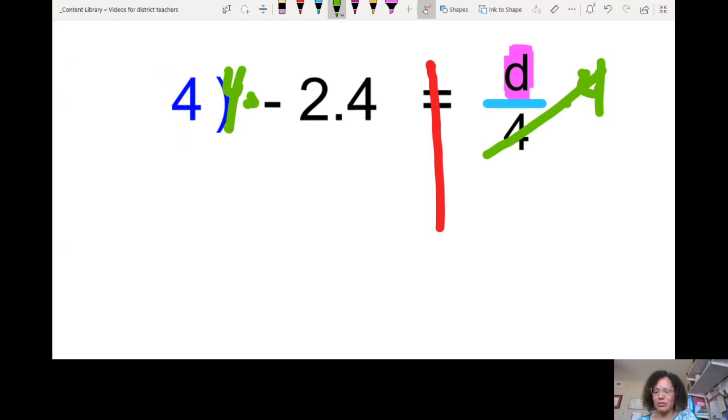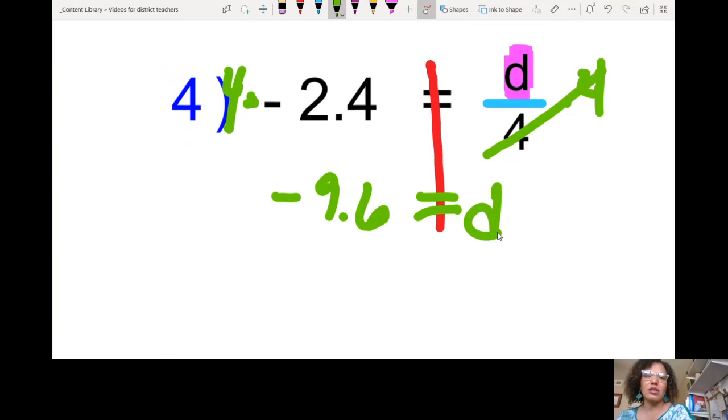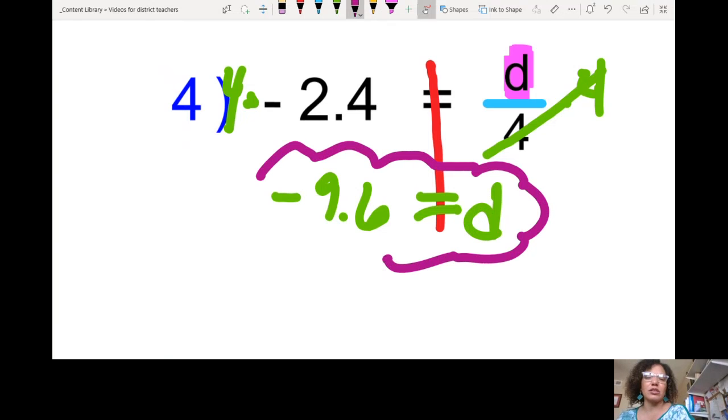It's all about calculators with decimals, which is fine. Architects use it, math teachers use it, doctors use it. Everyone uses a calculator. So 4 times negative 2.4 equals negative 9.6 equals the D's by itself. So now you know you are good.